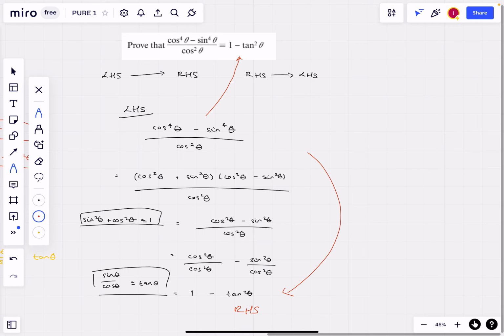The more time you spend on this now, the better off you're going to be later, because this does come up later on in the book, potentially, I think, but especially in A2. It comes up in A2 a lot. There you go. That's how you do trig identities.